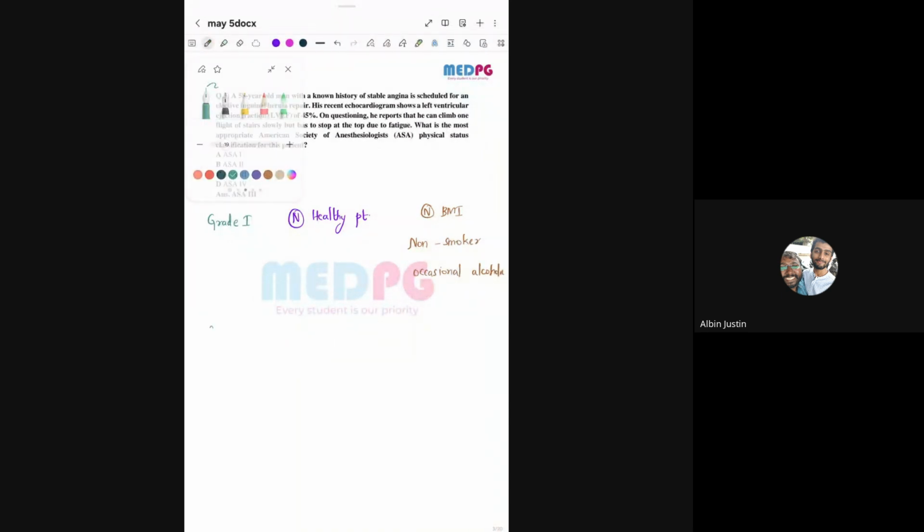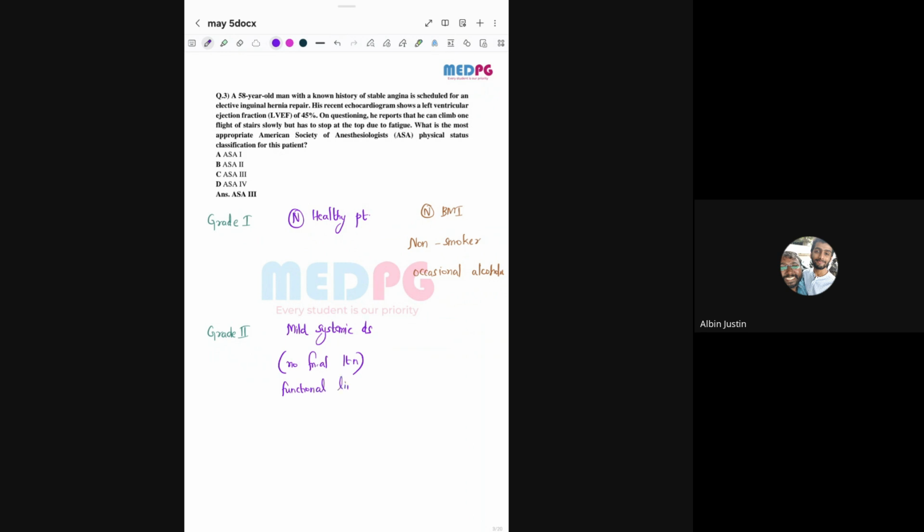Now we have grade 2, which is a mild systemic disease without any functional limitation: a mild to moderately obese smoker, regular alcoholic, well controlled disease, or pregnancy.